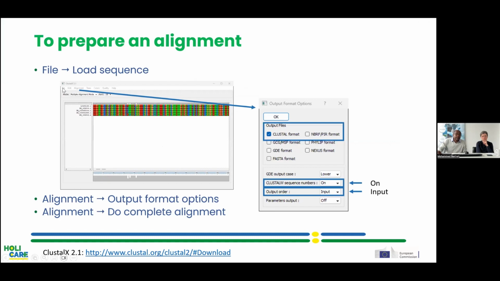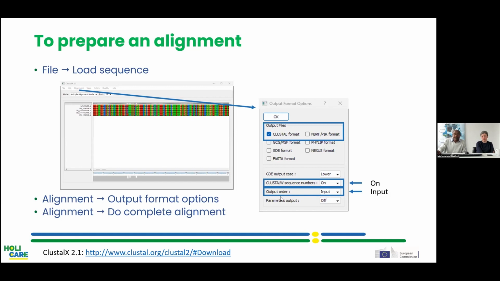You can use the file button here and direct it to that text file, and you can now load your sequences here. This is not yet a sequence alignment, because you have additional options under the alignment button here. Remember these options, especially the sequence numbers. They should always be on for the sequences to be uploaded successfully to Primer Explorer later.